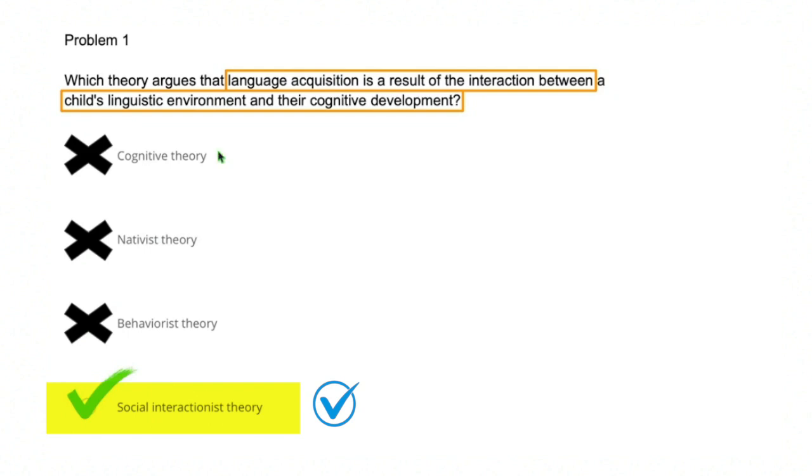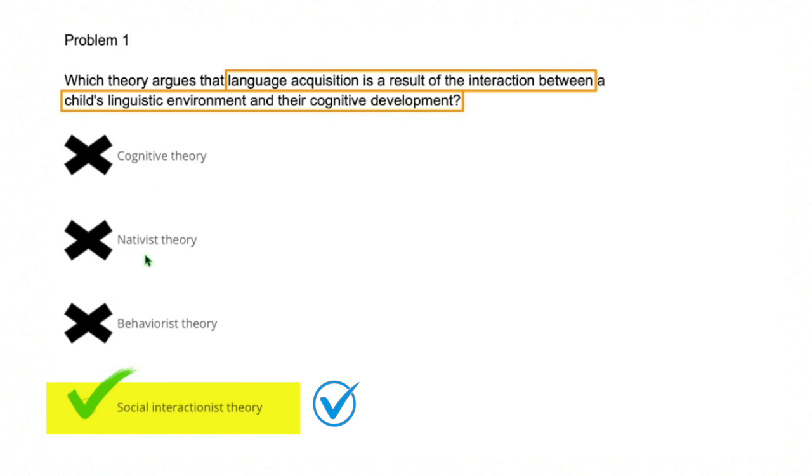Even if we did not remember exactly what cognitive theory, nativist theory, behaviorist theory, and social interactionist theory were, we can still use key words to help us figure it out. Cognitive theory only has to do with the cognitive part, the thinking, the learning, the understanding new information, and not the language part.